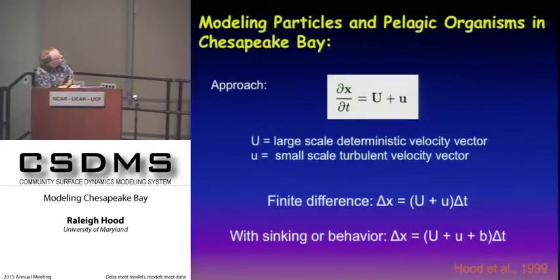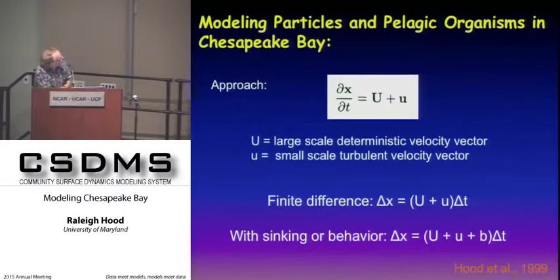The basic approach is that you can model the movement of a particle or an organism, and consider that movement in a hydrodynamic flow field as being a combination of a large-scale deterministic velocity vector, and that's code word for meaning that's the part of the flow we can actually model with these rather coarse resolution hydrodynamic models, combined with a small-scale turbulent velocity vector, where we're parameterizing the effect of turbulence on these organisms.